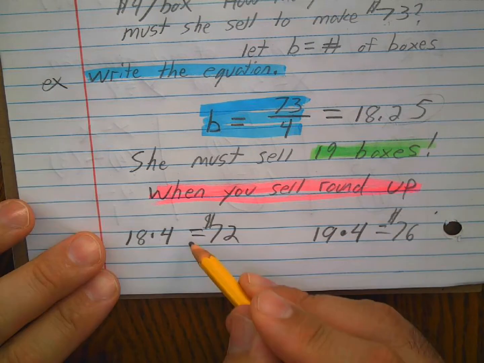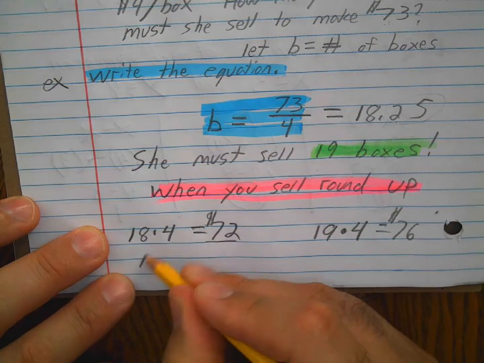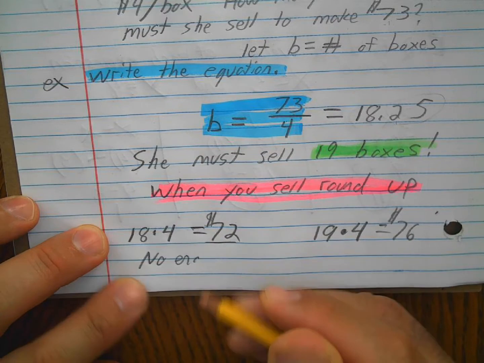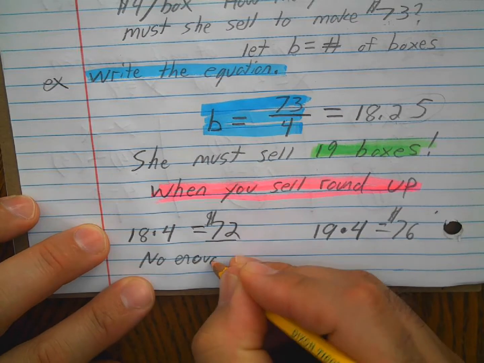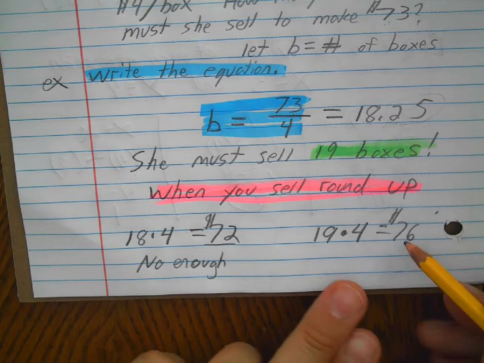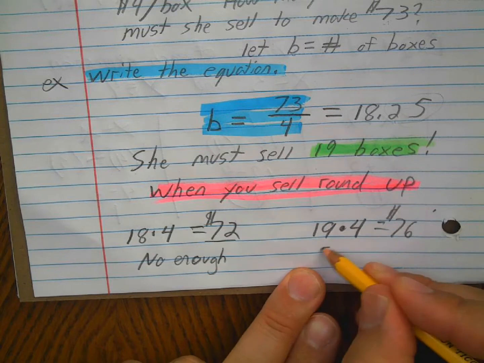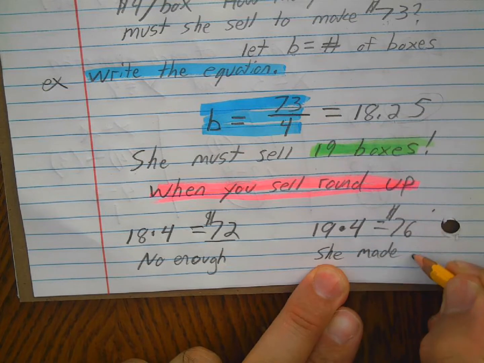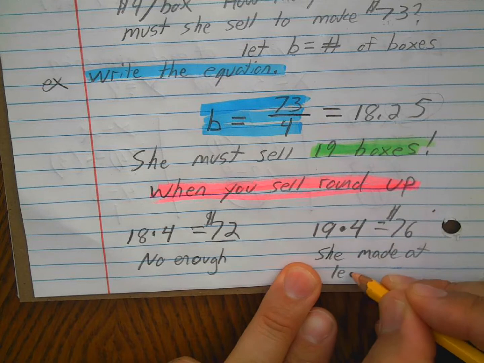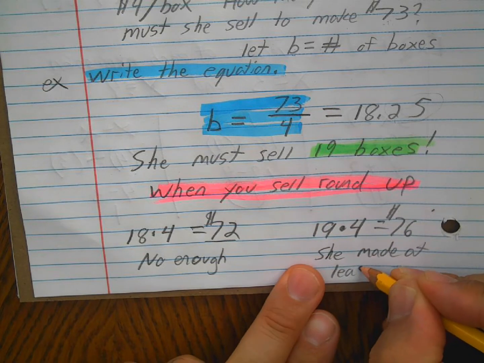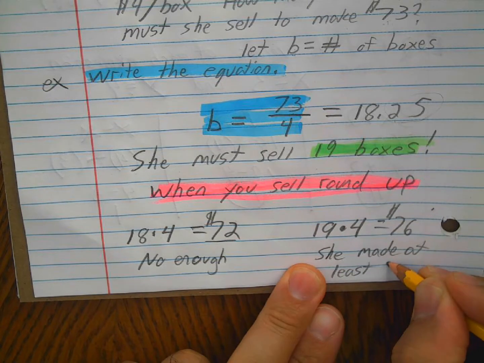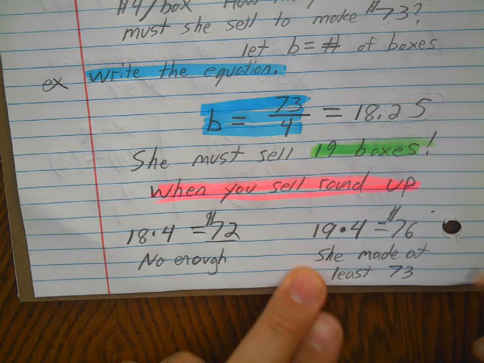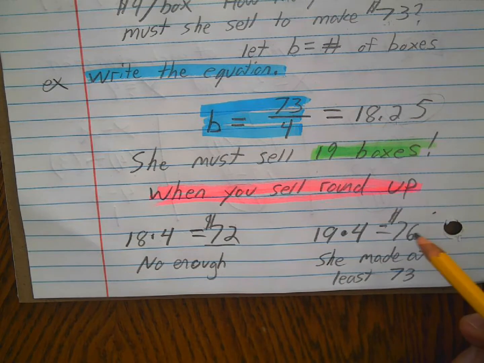So this is not enough. 72 is not enough. All right, not enough. So by rounding up, she made at least 73 bucks. All right. So that's why we got to round up so she can get past 73 or more.